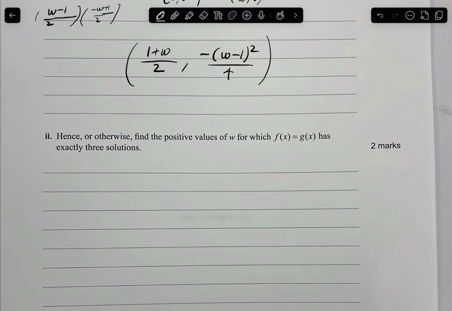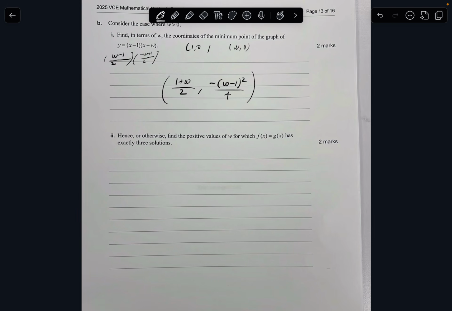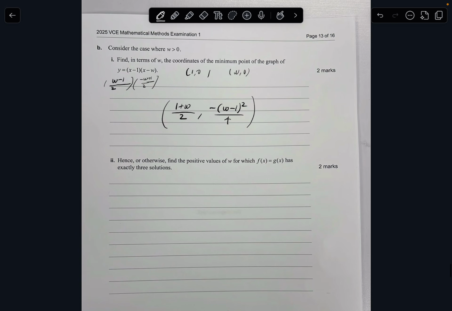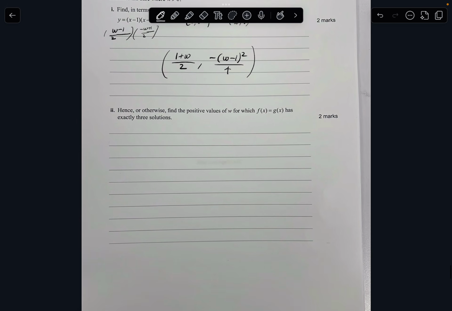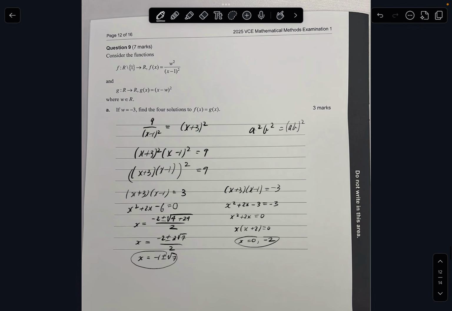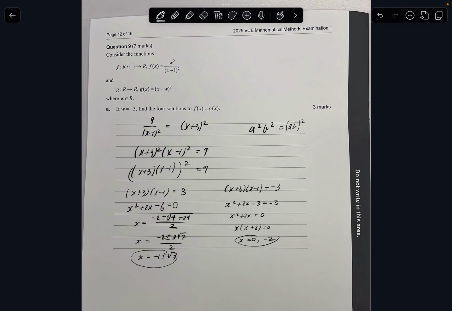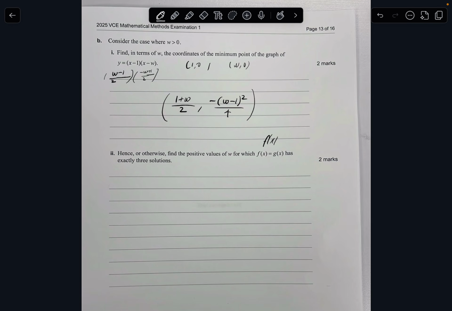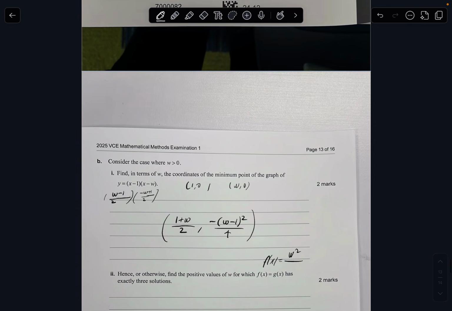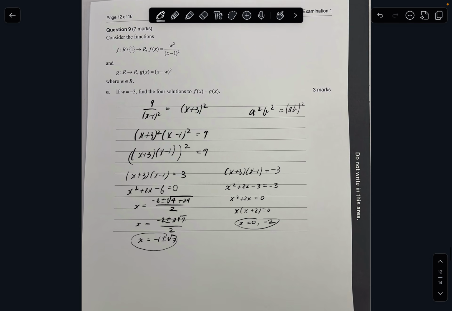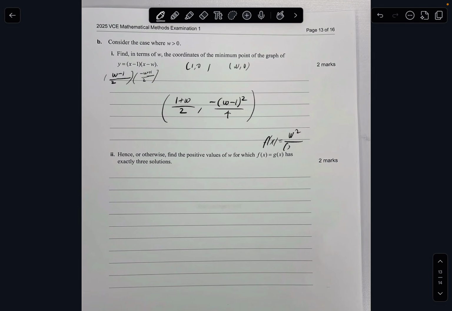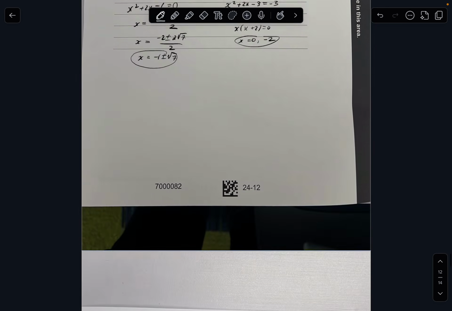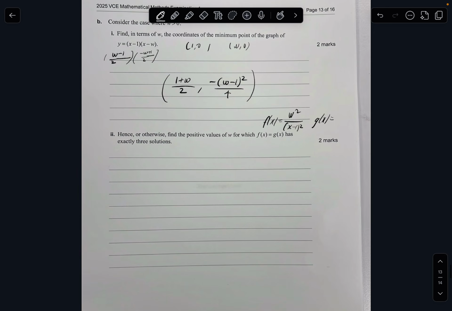Hence or otherwise find the positive values of w for which f of x equals g of x has exactly 3 solutions. Okay, so I just want to write f of x and g of x again. F of x equals w squared over x minus 1 squared, and g of x is equal to x minus w squared.